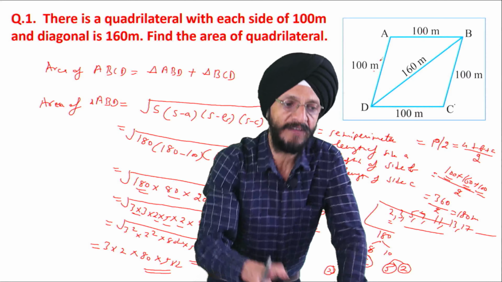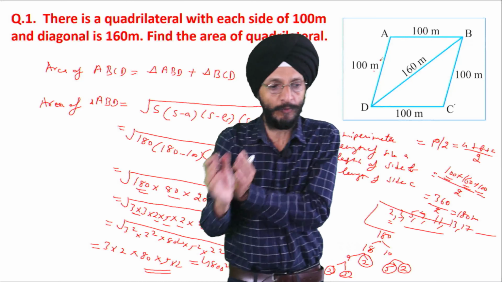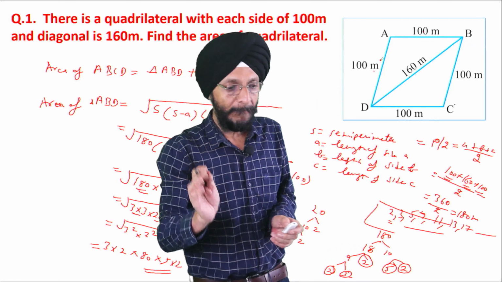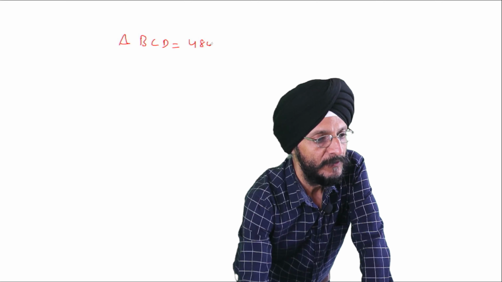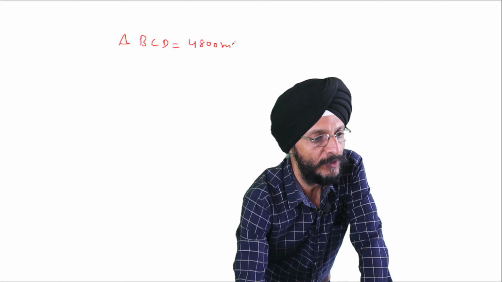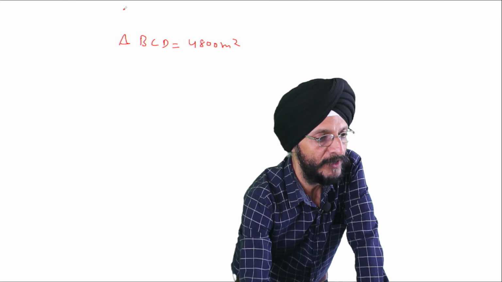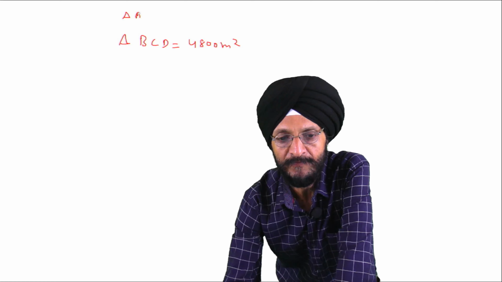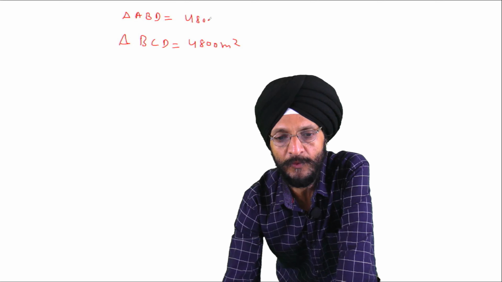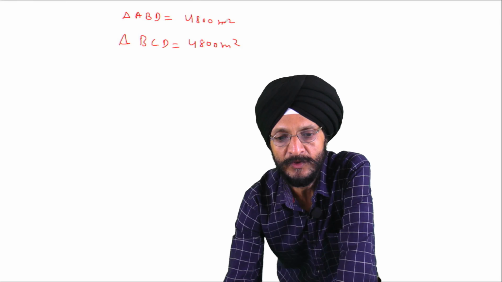What the area we have calculated for ABD is also true for triangle BCD. So the area of triangle BCD is also 4800 square meter. We have already found out the area of ABD, that was also 4800 square meter.